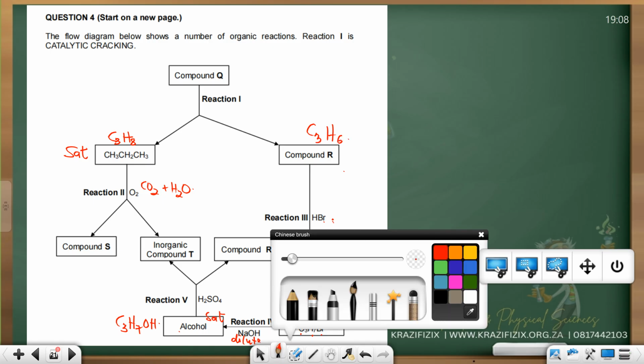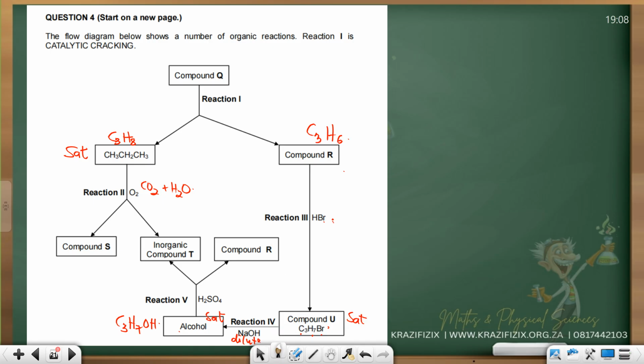Let me give you something that you should write down. Please write this down. Very important. Under cracking, this is very, very important. An alkane will break down into alkane plus alkene.